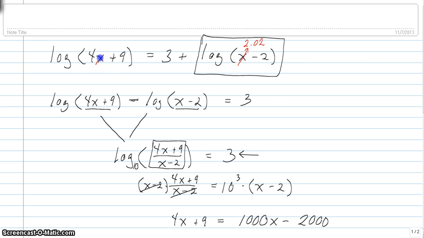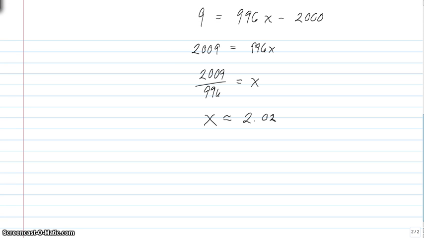And also if I plugged 2.02 in here, that's going to give me something that's positive, 4 times 2.02 plus 9, right? So we know we don't have to worry about that number being negative, so it looks like that number is okay for our answer, and that solves the equation.